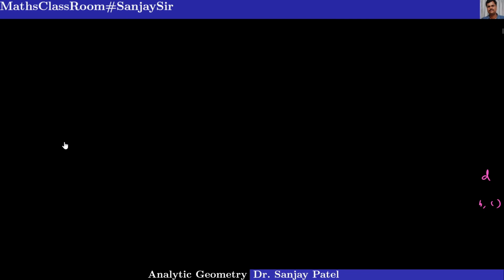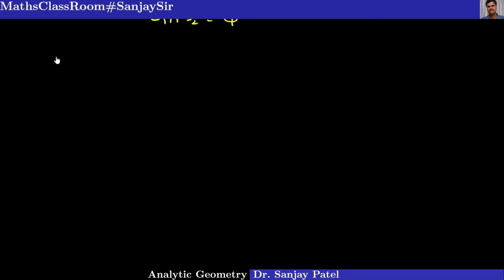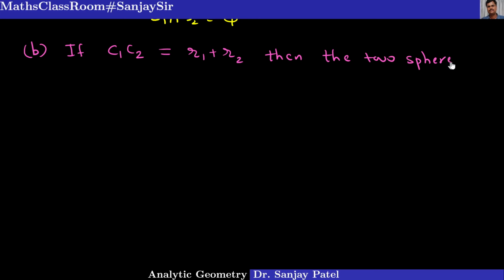Now case 2. If the distance C1C2 between the two centers of the spheres is exactly equal to R1 plus R2, then in this case the two spheres, you can imagine, are touching each other externally.